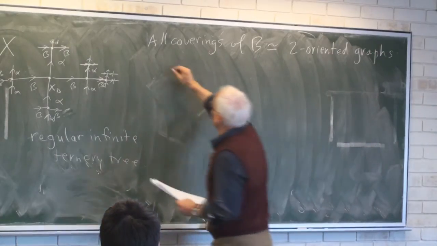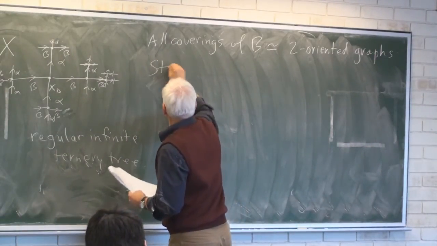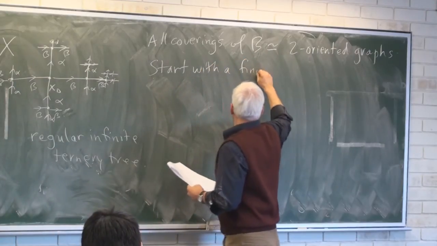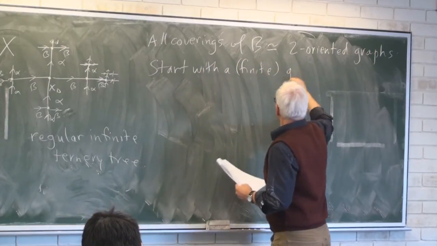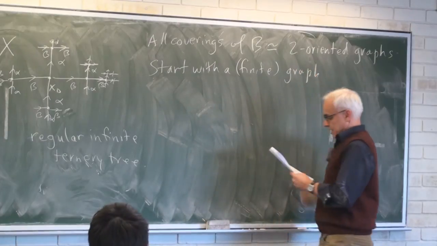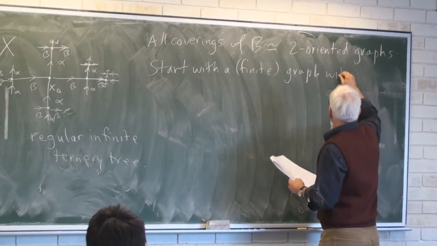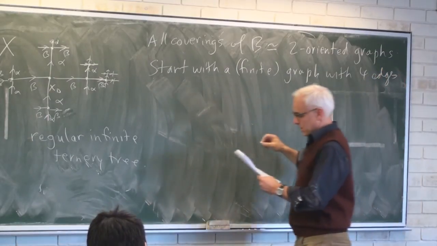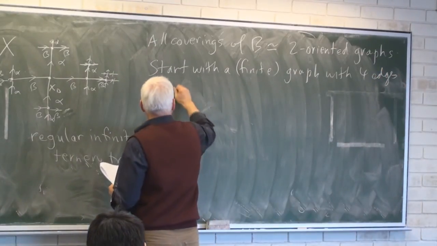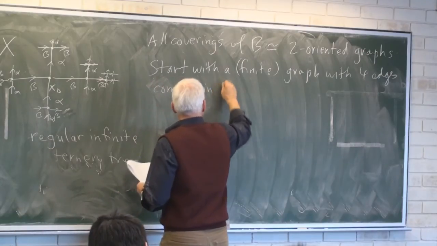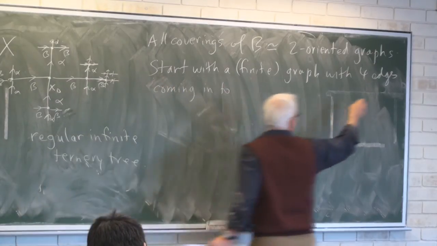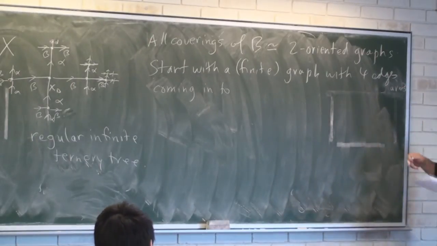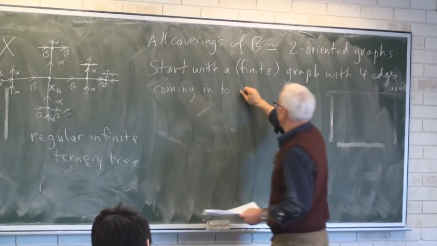So start with any graph, let's say a finite graph, with four edges, or edge arms, maybe I should say, coming into any vertex. They don't have to necessarily be separate edges.